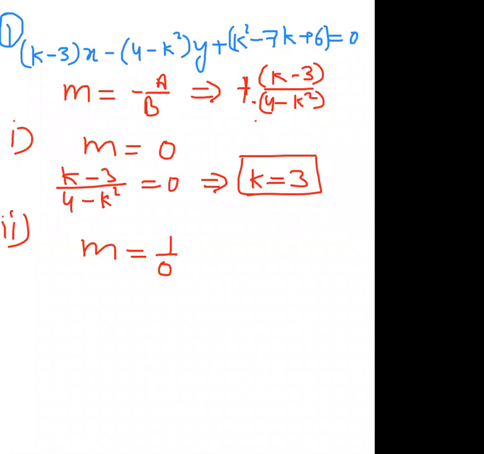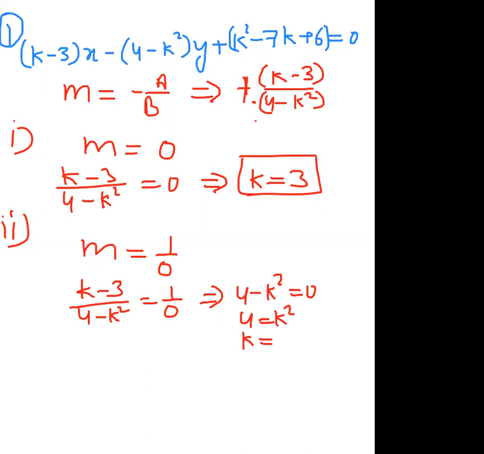So the slope k minus 3 upon 4 minus k square equals 1 upon 0. That gives me 4 minus k square equals 0, so 4 equals k square, or k equals plus minus 2. So when it is parallel to y-axis, the value of k will be plus minus 2.